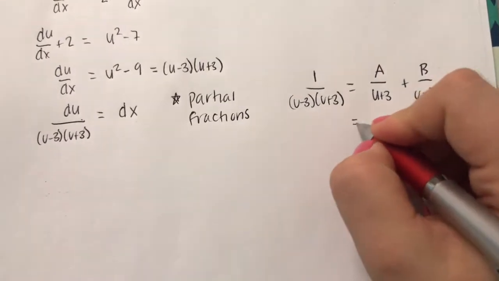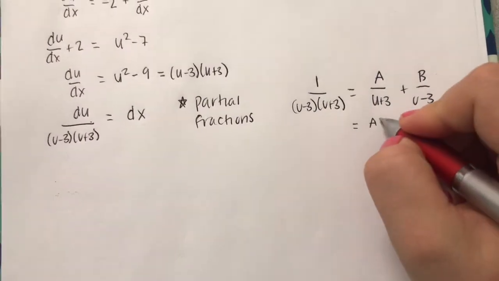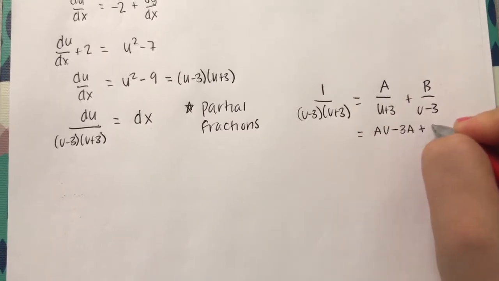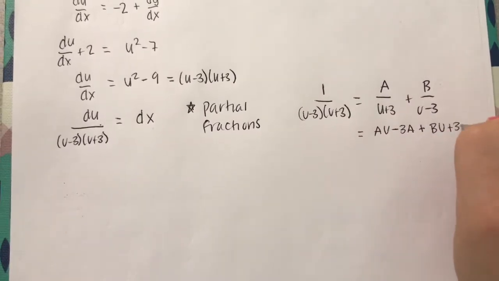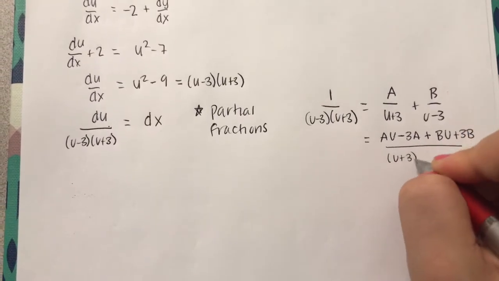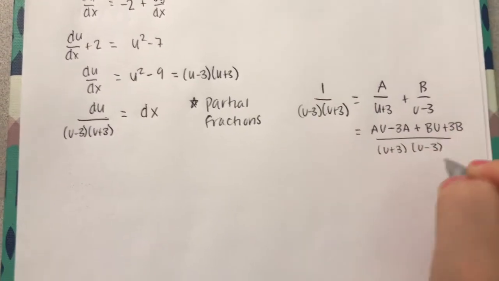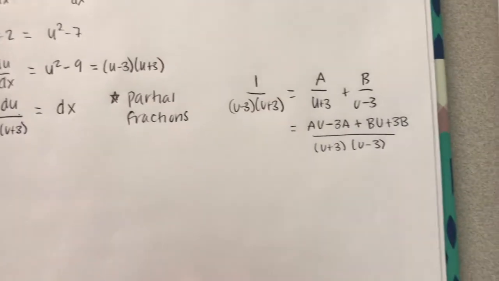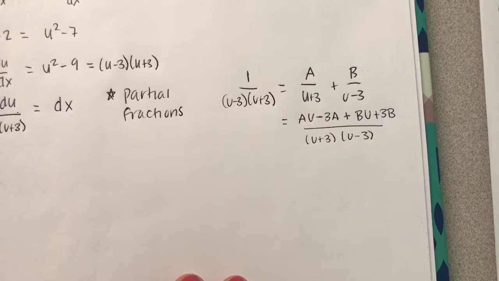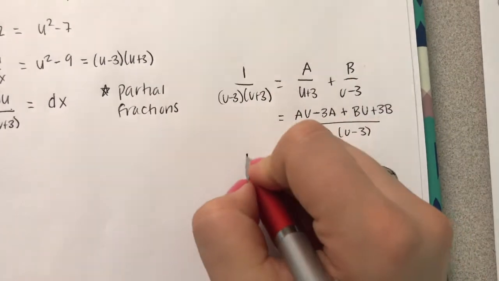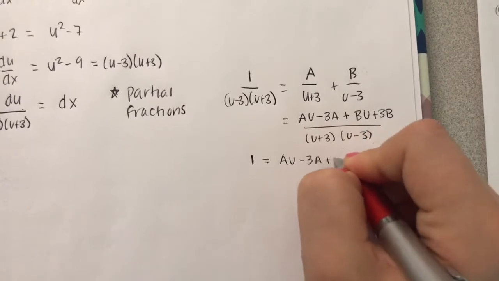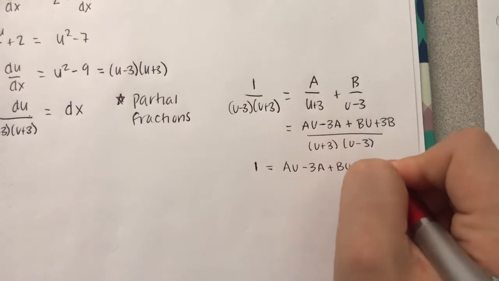So I'm going to multiply A times the (u - 3), so I'll get Au - 3A + Bu + 3B, all over (u + 3)(u - 3). From here, I know that my bottom on the left and my bottom on the right are equal, so I can say 1 = Au - 3A + Bu + 3B.